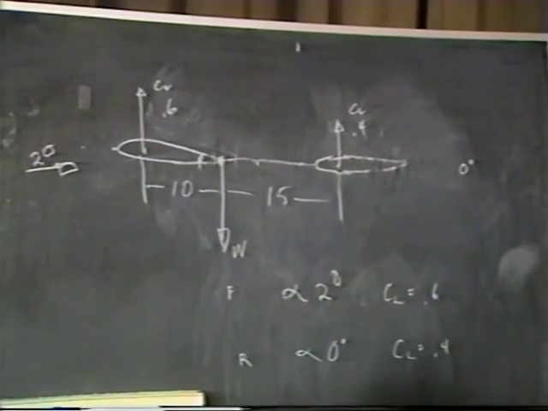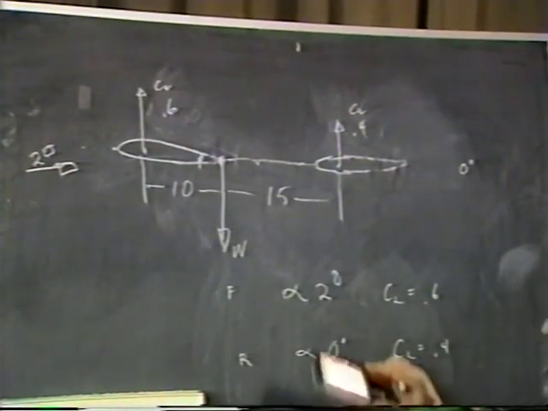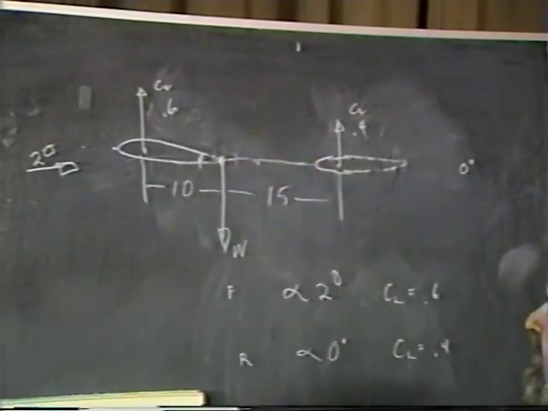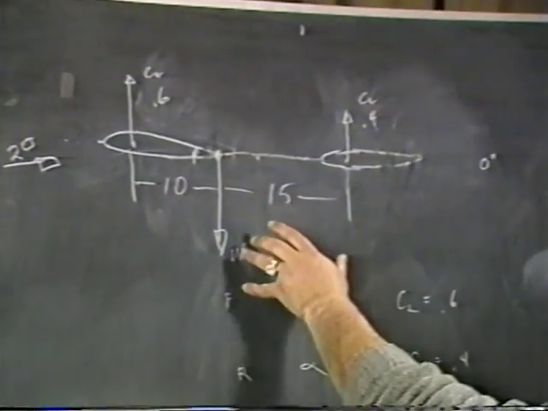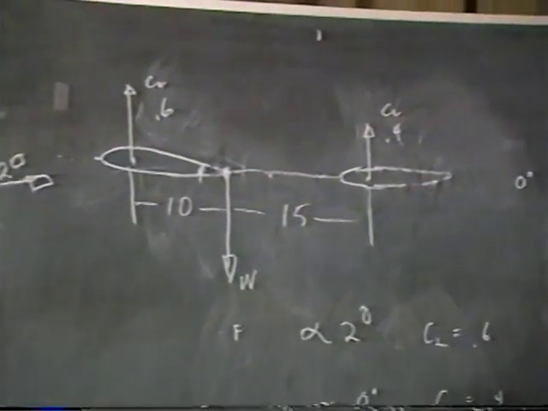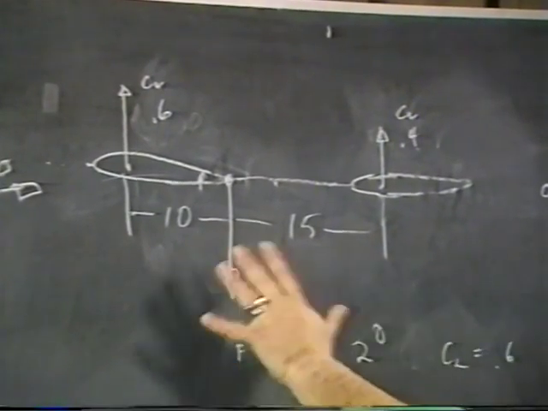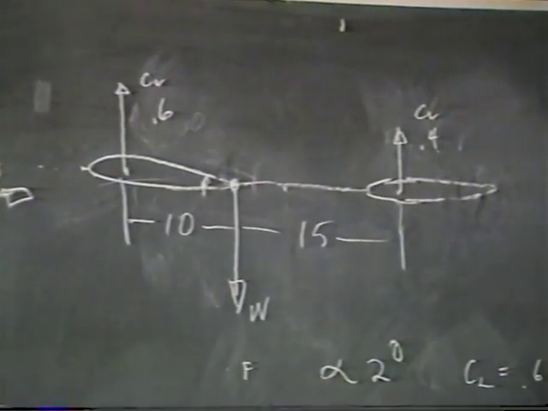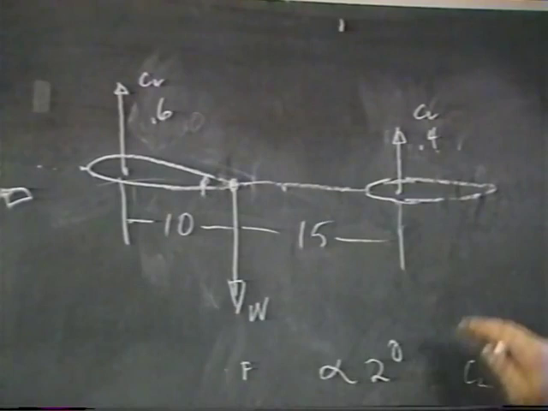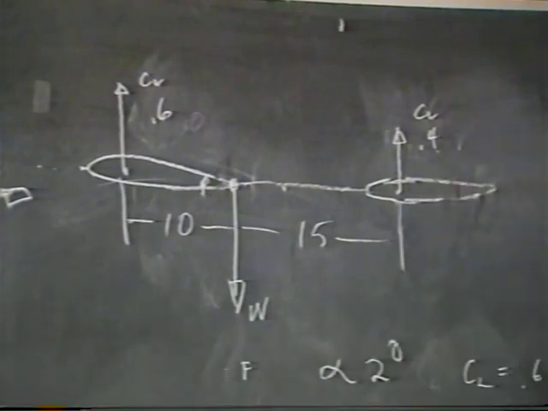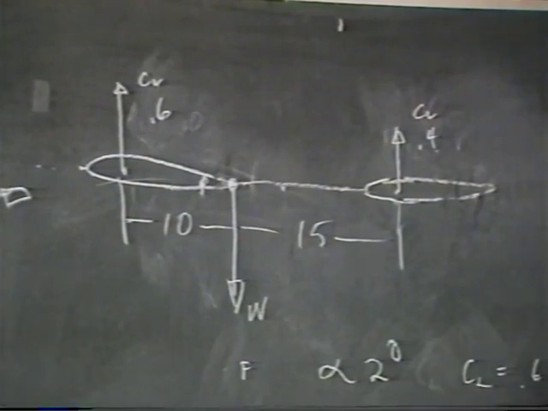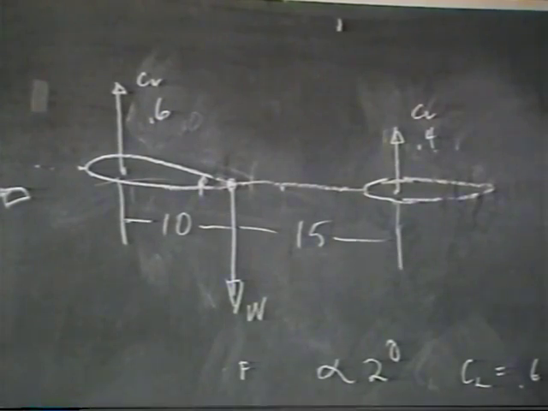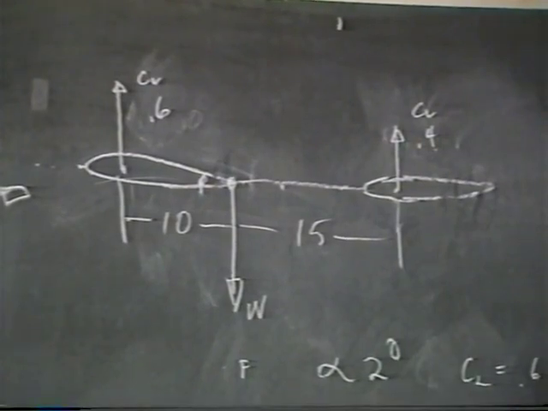So now we have a situation where 10 times the 0.6 is balanced equal to 15 times the 0.4. So we're statically balanced flying along at 2 degrees. 2 degree angle of attack here, 0 degree angle of attack here, generating 0.6 here, generating only 0.4 here. And yet we're balanced. All right, now we're flying along and we hit a gust of air.